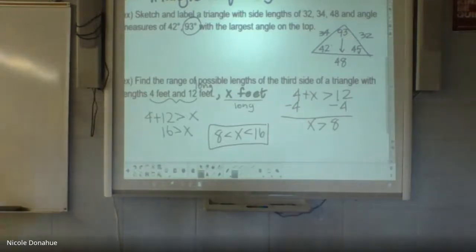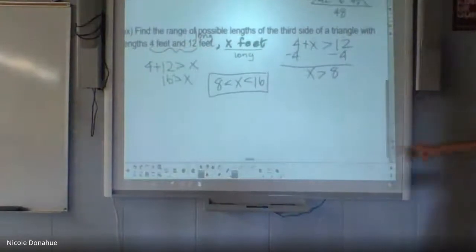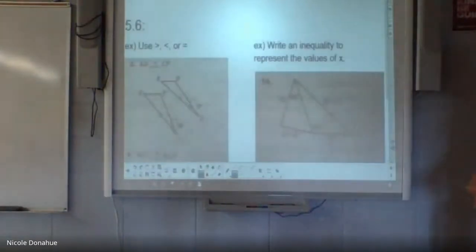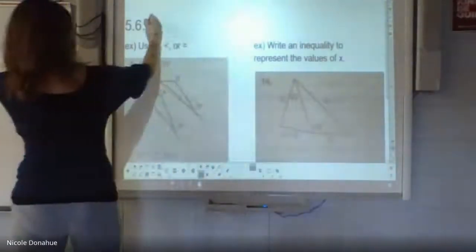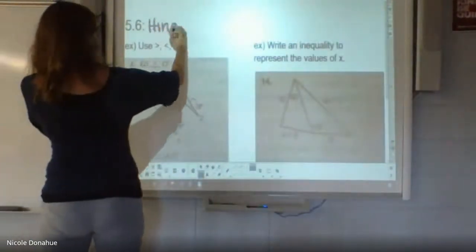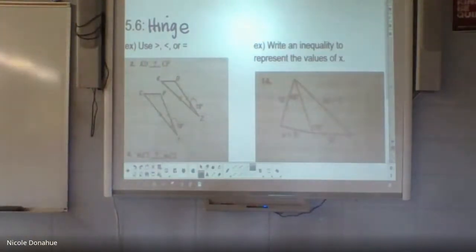All right, and then our last one was the hinge theorem. So in the example over here, there's an example 2 and then 4.